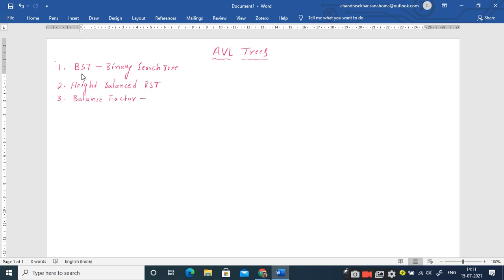So the balance factor of a node in an AVL tree is given by the formula HL minus HR, absolute value, right? Where HL stands for the height of the left subtree and HR stands for the height of the right subtree, right? And we discussed that the balance factor should lie between -1, 0 and +1.